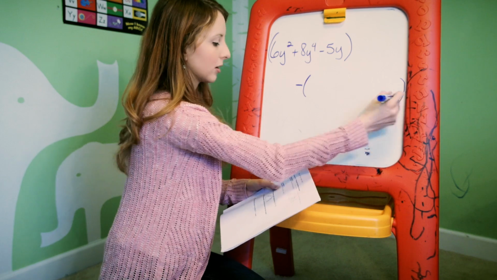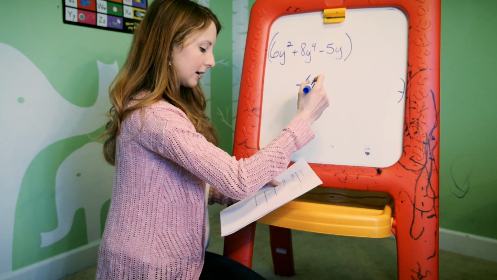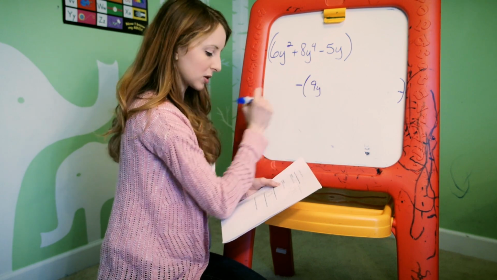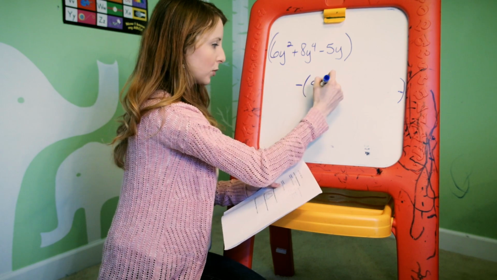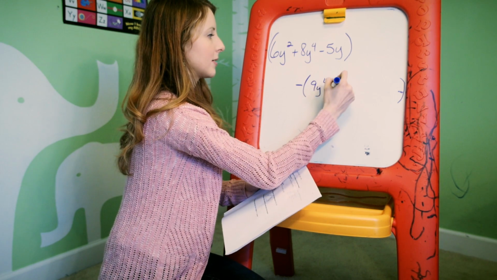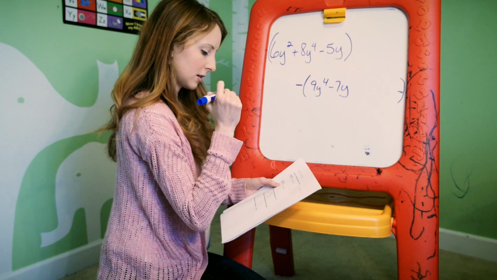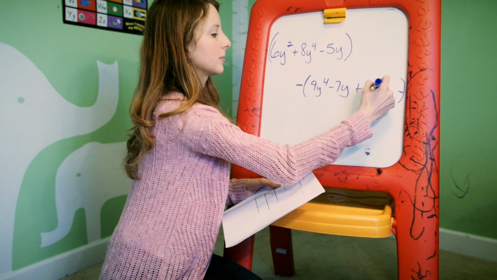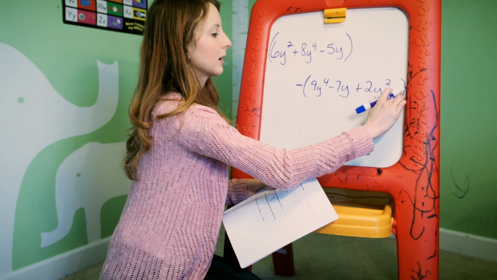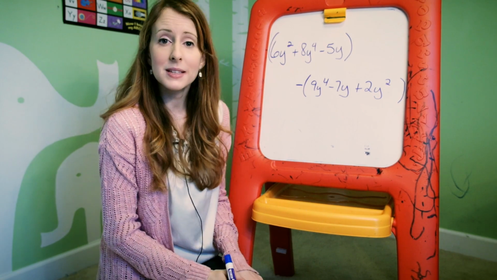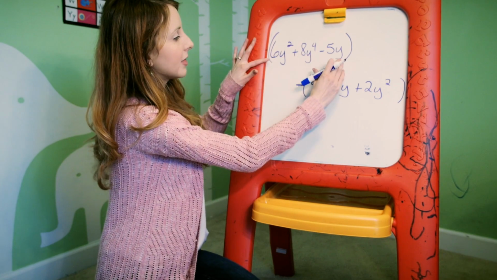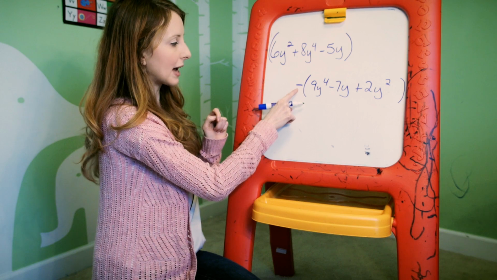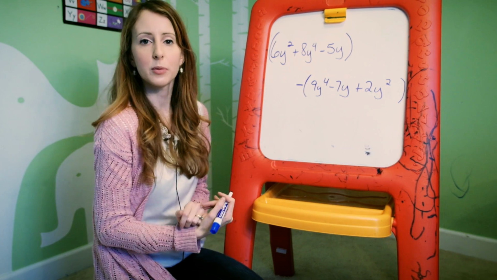And I'm going to write it here. 9y squared, or I'm sorry, 9y to the 4th minus 7y plus 2y squared. Okay, so what this problem is asking us to do is take this polynomial and subtract from it this polynomial.